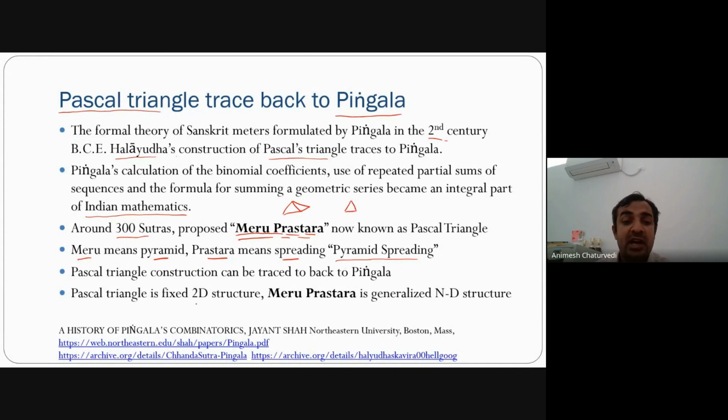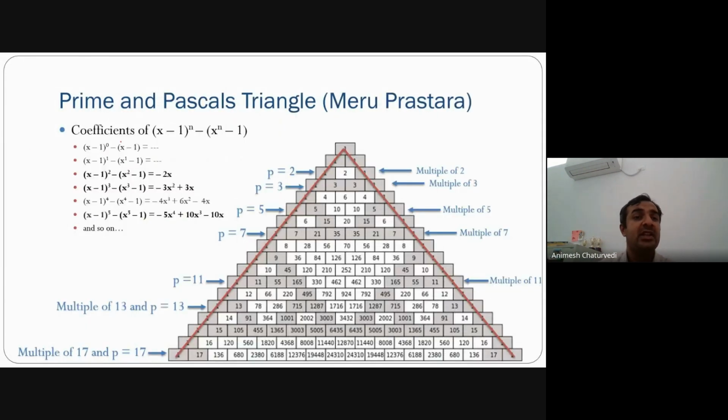Pascal triangle is just a two-dimensional structure, but in actuality Meru Prasthara is an n-dimensional structure. So you can see the beauty of how the ancient Indian scientists invented such a great thing, Pascal's triangle. So coming back to finding out whether a number is prime.